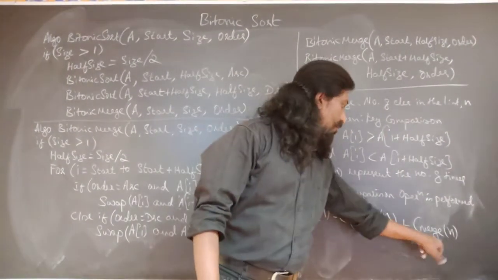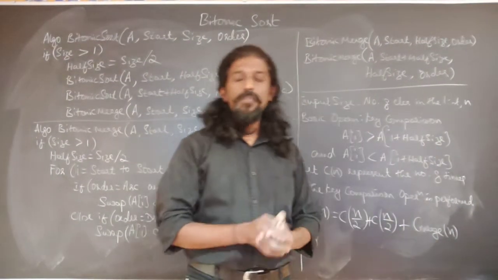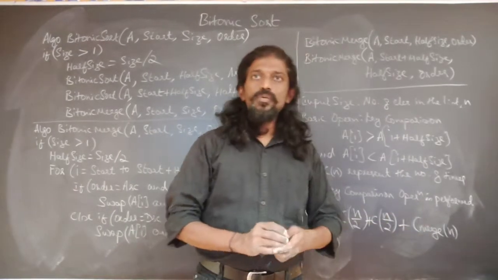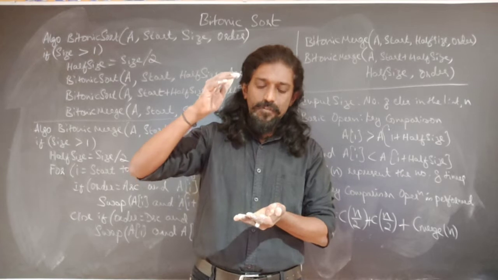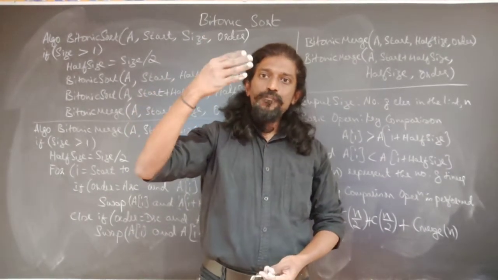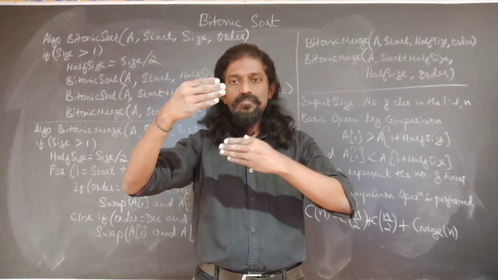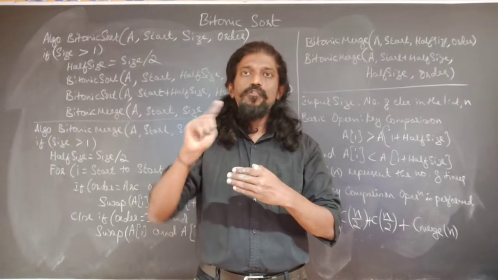Now we need to know how many comparisons we do in the merge. If we merge subarrays of size 4 to get a final array of size 8, the 4 elements in the first subarray are compared with the 4 elements in the second: first with 5th, second with 6th, third with 7th, fourth with 8th.